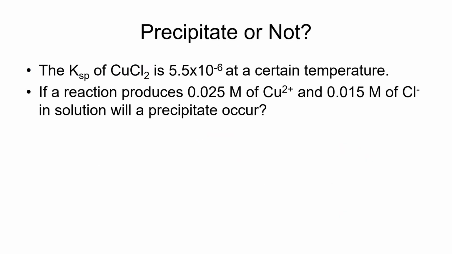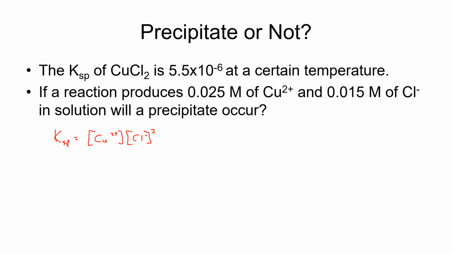Alrighty, so let's have a look and see if we'll get a precipitate here or not. The equilibrium Ksp for this is going to be the concentration of the copper ions times the concentration of the chlorine ions squared.